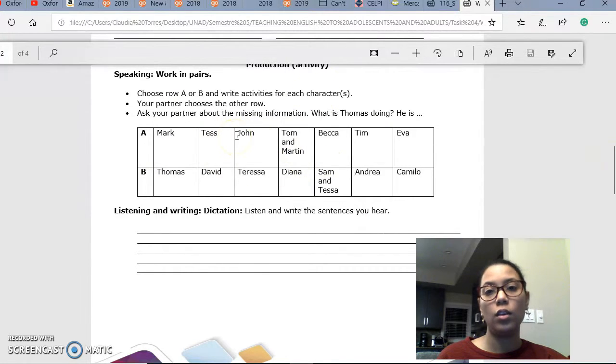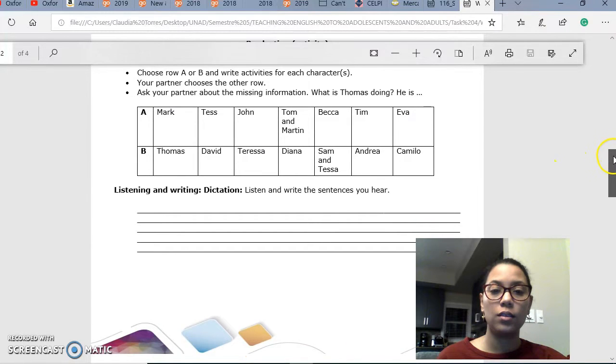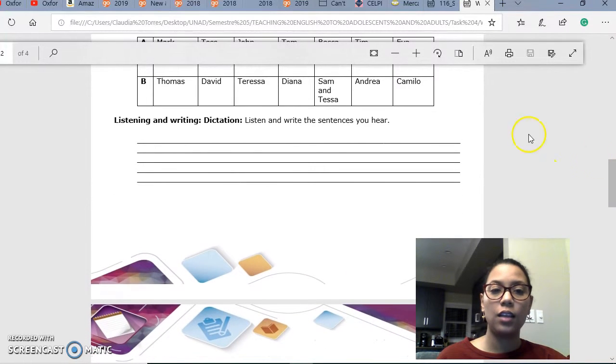So as well, it's a very dynamic way to arrange the class. So they can interact with their partners, and they are improving their speaking practice.